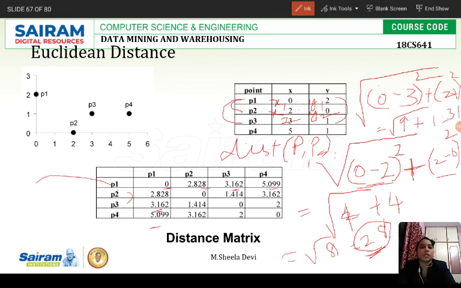P1 to P4 is 5.099. Similarly, we have to map for all the values. Whatever is the value for P1 to P2, the same will be the value for P2 to P1 also. And P1 to P3 is 3.16, so P3 to P1 will also be the same value, 3.162. So this is how we have to calculate the Euclidean distance between 2 data objects.